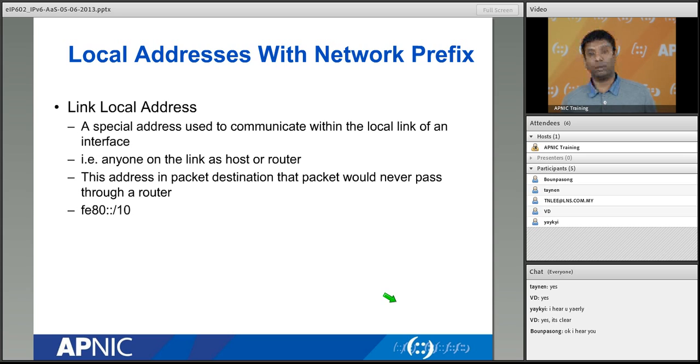The network prefix starts with FE80, and then from the MAC address, using EUI-64 or any other algorithm, they build the interface ID, and the rest of the bits they pad up with 0 on the network prefix side. The specialty of a link local address is that if you create a packet with source as link local and destination as link local, that packet will never cross a router. So you cannot send a link local packet across the router.